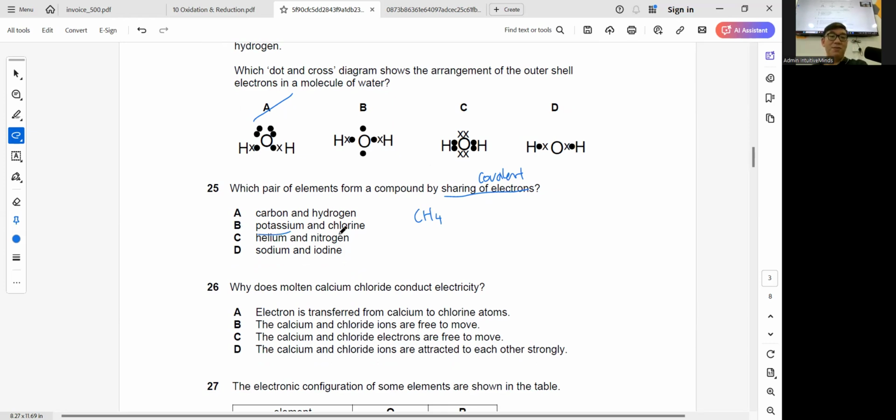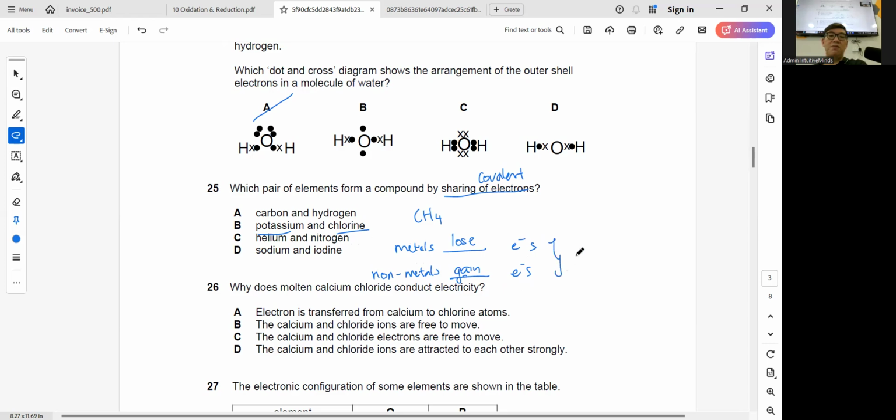We have a metal and a non-metal. Would there be sharing of electrons? Metals, what electrons? Complete the blank. Metals lose electrons, non-metals gain electrons.